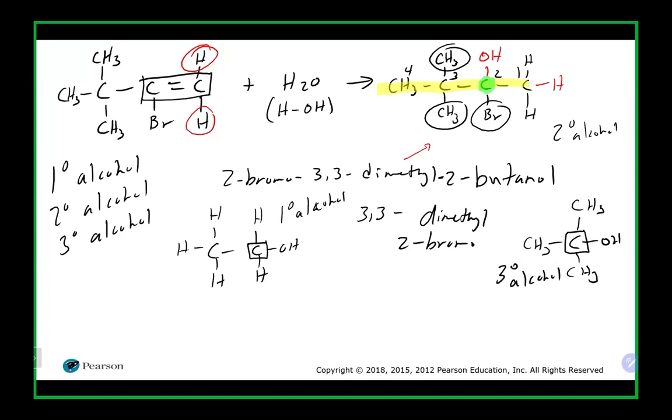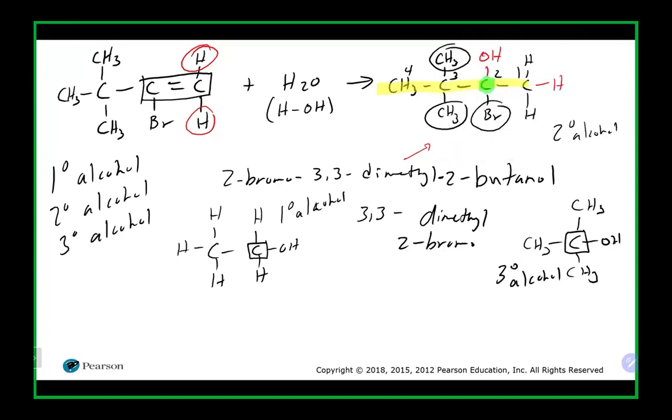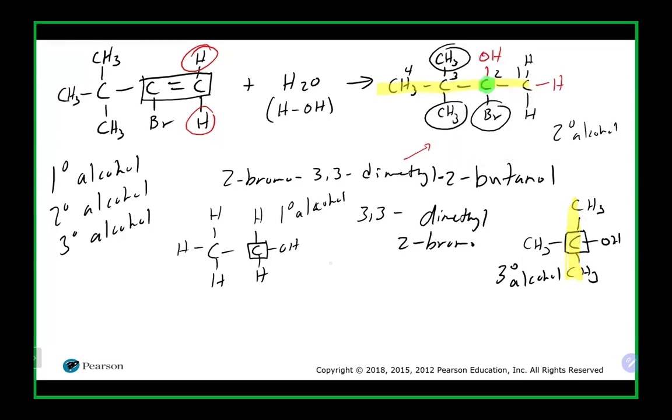Out of curiosity, what would that alcohol name be if that is true? What do we think? Longest carbon chain, how many? It is 3, right there. That is 3 carbons in a row with an OH group, which means that is based off of propane. So that now becomes propanol. Location of the OH group in this case, because it's 3 or more, is carbon number 2.